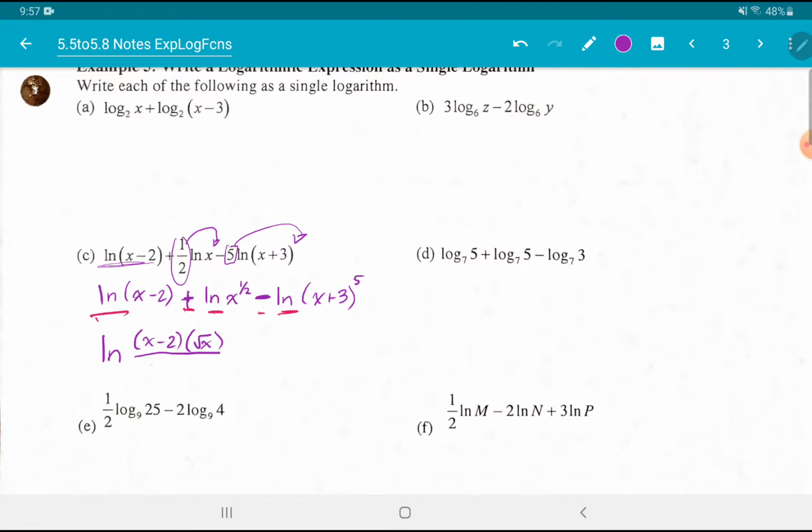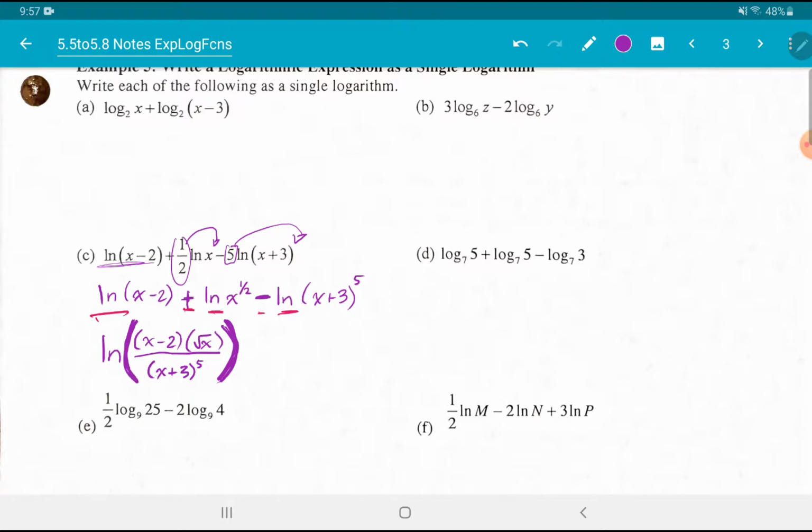So divide by x plus 3 to the 5th power. And all of that is contained within parentheses. You do want to make sure you're very explicit in saying it's natural log of this entire thing here. In fact, you want to make sure that you do that, let's say if you were plugging it into the graphing calculator as well.